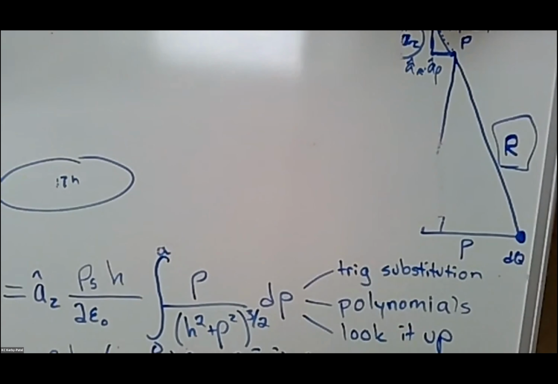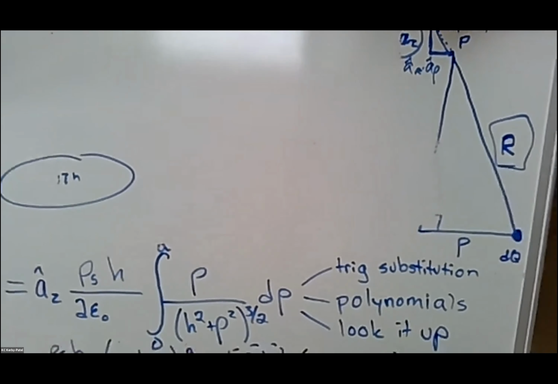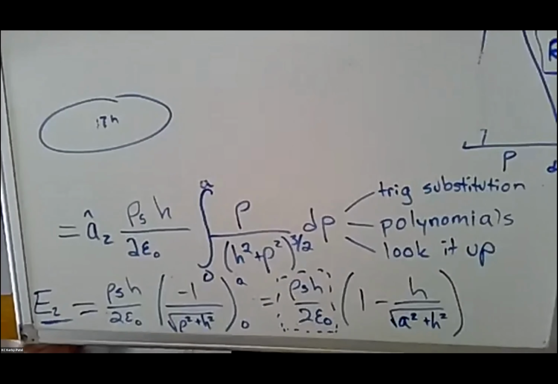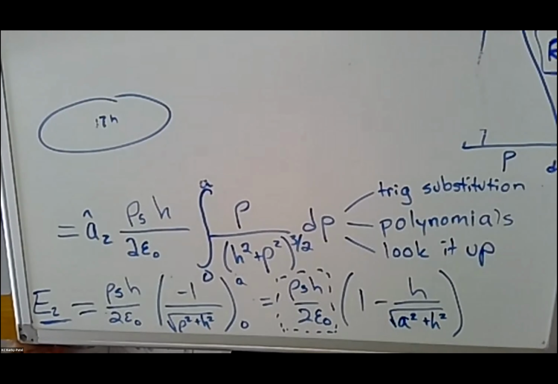You don't know this yet, but that value is also the electric field due to an infinitely large planar sheet of charge, which makes sense. If you're that close to the disk, you can't see the edges.